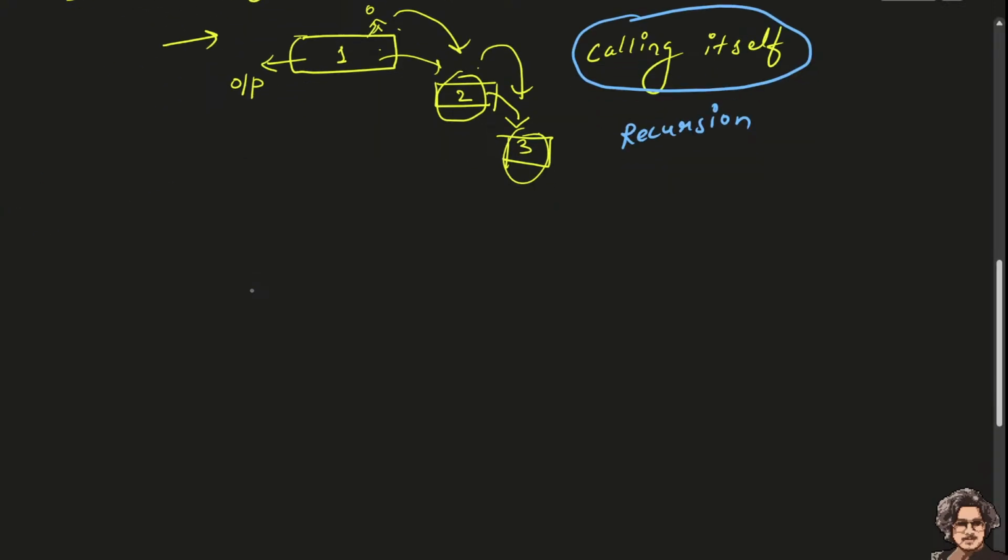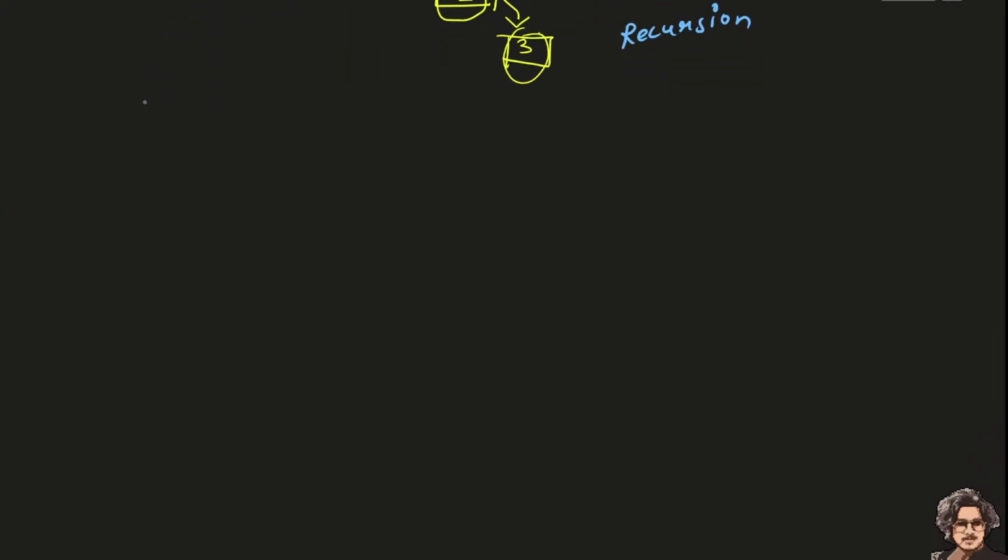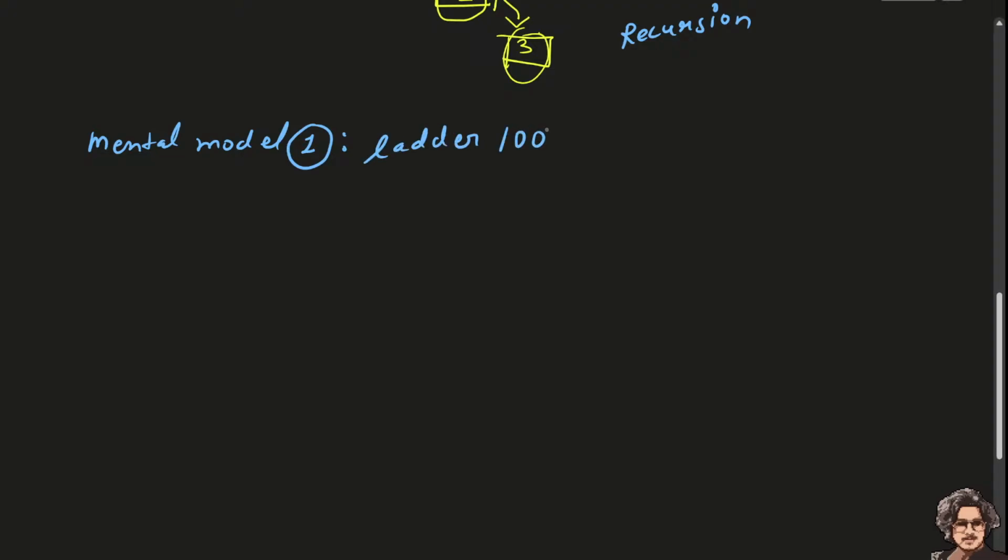Let's move to the next thing, mental model one. In this we have to see the human ladder. Just imagine we have a ladder of 100 steps, a 100-step ladder on a building.